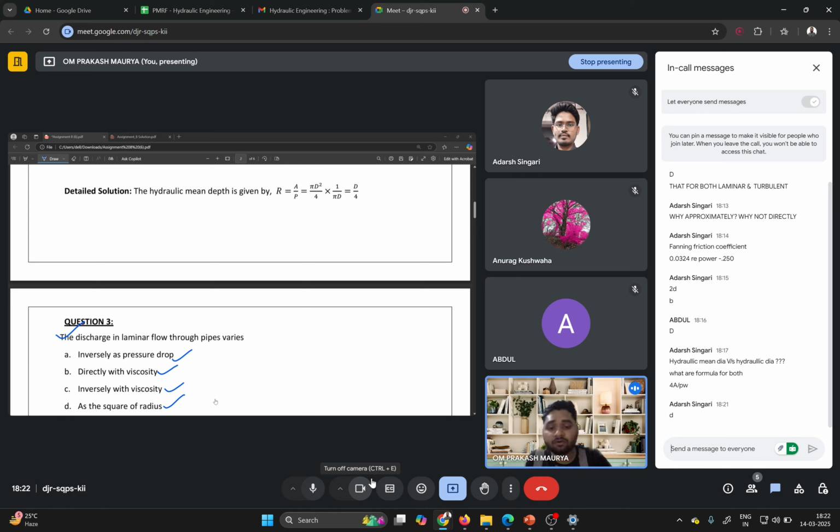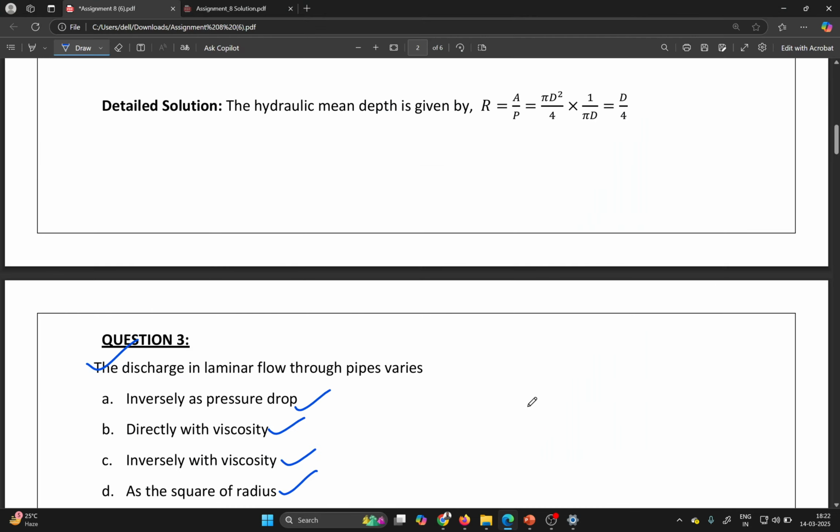The formula for discharge and the relation with viscosity, pressure drop and radius, for pipe flow, is Q equal to pi by 8 mu times the pressure gradient times R to the power 4, not square.